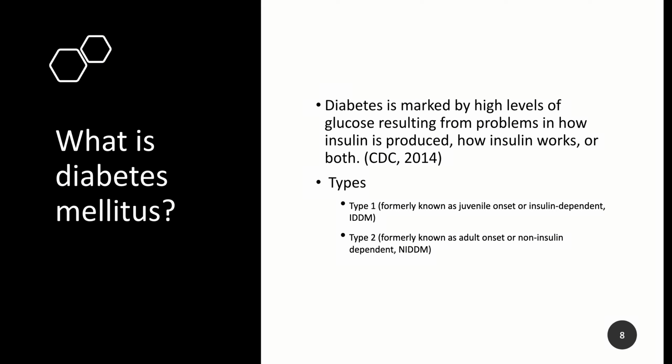There are two types of diabetes. Type 1 is primarily characterized by insulin deficiency. Type 2 is primarily characterized by insulin resistance.